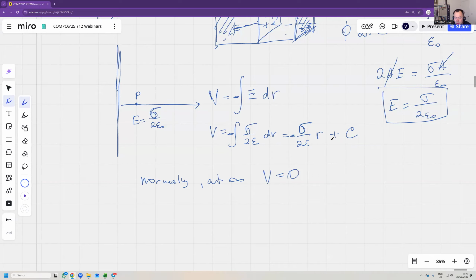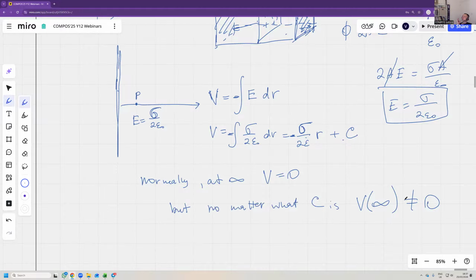But look, at infinity here, no matter what C is, V of infinity is not 0. That's kind of a problem, because you substitute infinity, you get minus infinity. Yet infinity is not 0. It's actually minus infinity. How does that work, you would ask?